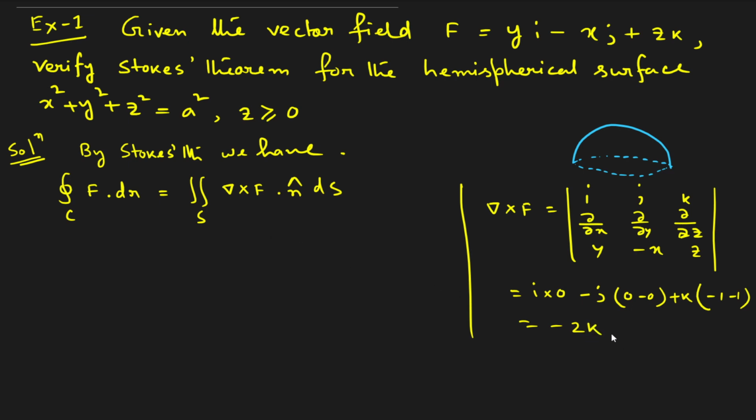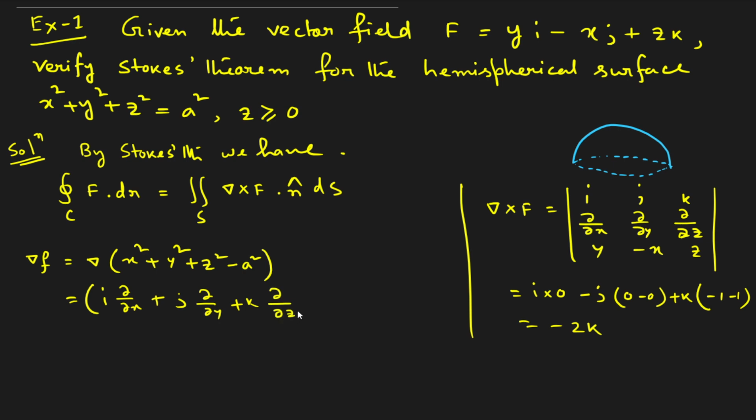Nabla cross F, that you have to find first. Next, we have to find nabla f, where f means the surface. So this is equal to nabla of the hemispherical surface, x square plus y square plus z square. If you want, you can write minus a square also. So how much is it? This is equal to i del x plus j del y plus k del z, applied to x square plus y square plus z square minus a square.